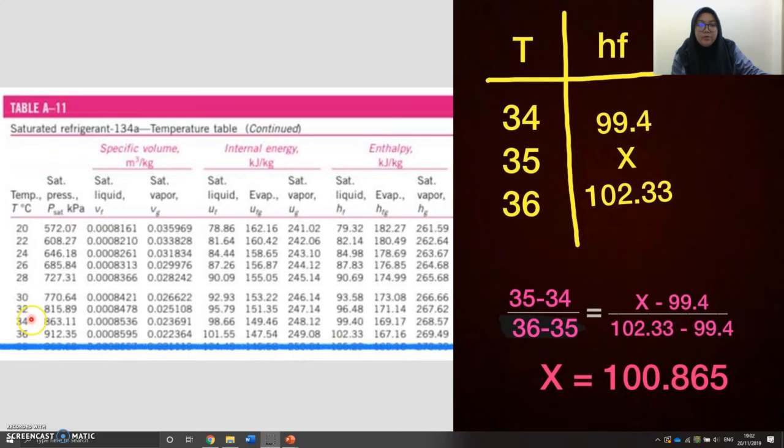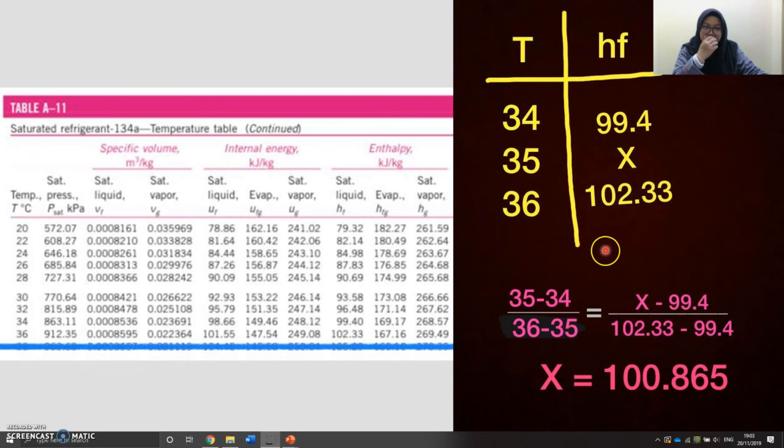Therefore, we need to do some interpolation to get the value, which I name X. We take 34, 35, which is the value we want, and 36, because 35 is placed between 34 and 36. For Hf, we take 99.4 at 34, X at 35, and 102.33 at 36.